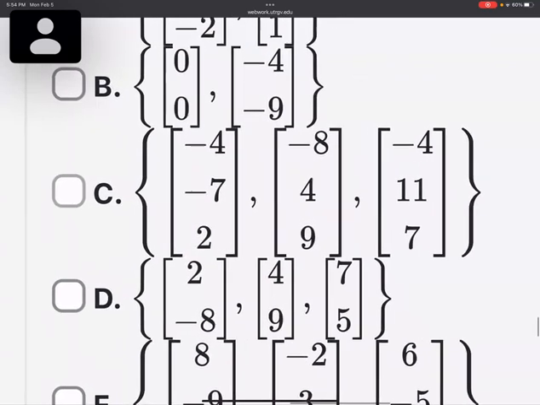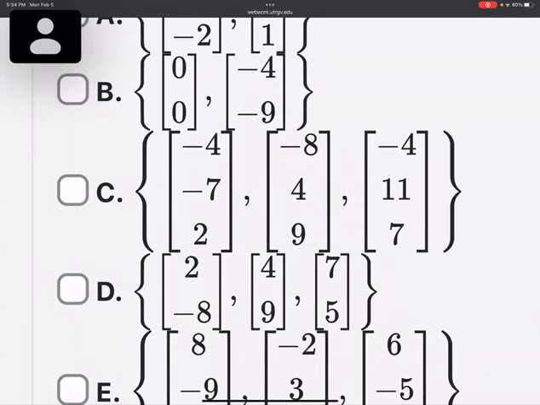Can you see it? Can you do it in your head? Letter C. Why is this one linearly dependent? This is linearly dependent. What numbers would you put so it's linearly dependent?